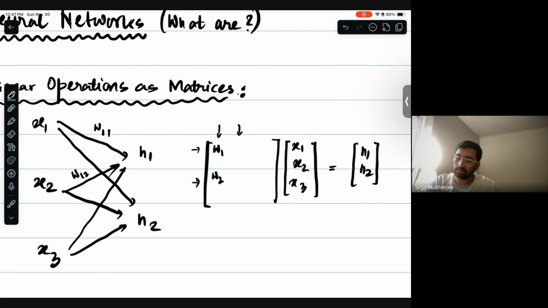We will start with 1. Similarly, here it will be w21 because it's going to h2. So w22 is for h2.